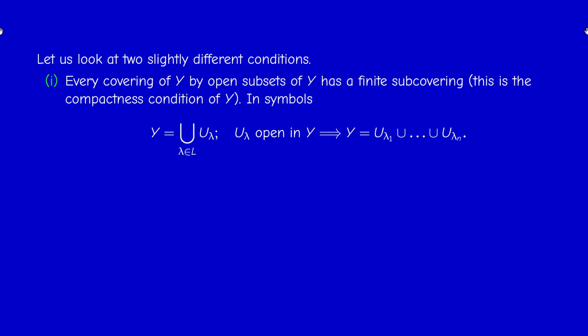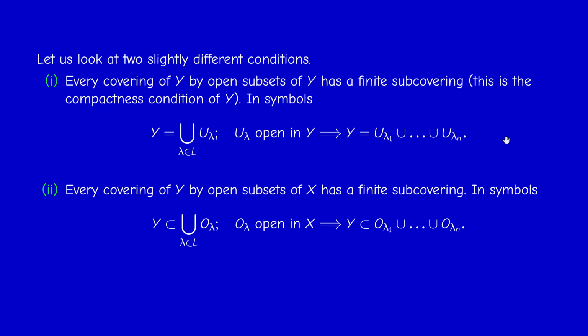Now we have two slightly different conditions. Consider this condition. Every covering of Y by open subsets of Y has a finite subcovering. This is the definition of compactness of Y. So whenever Y is a union of U lambda and each U lambda is open in Y, then Y is a finite union of these sets. And consider another condition.